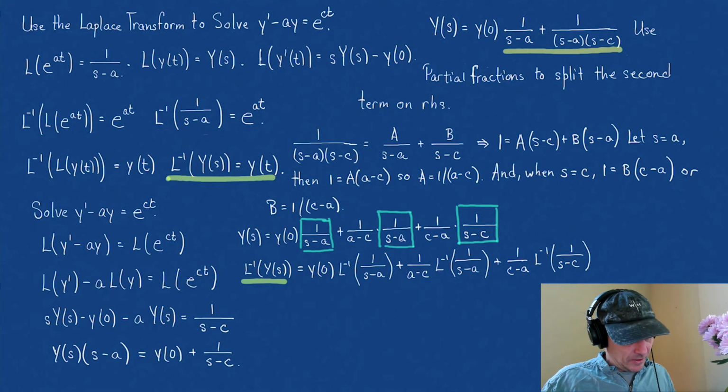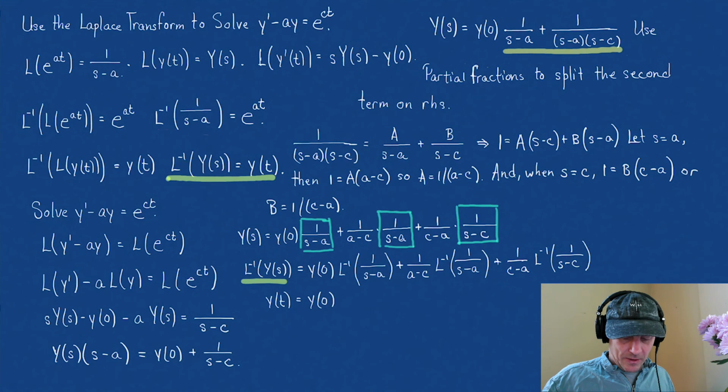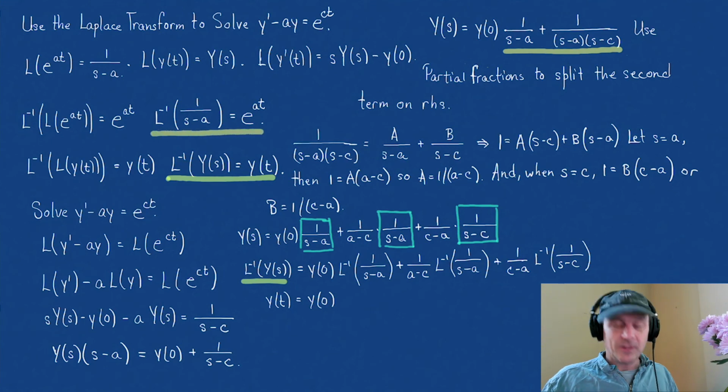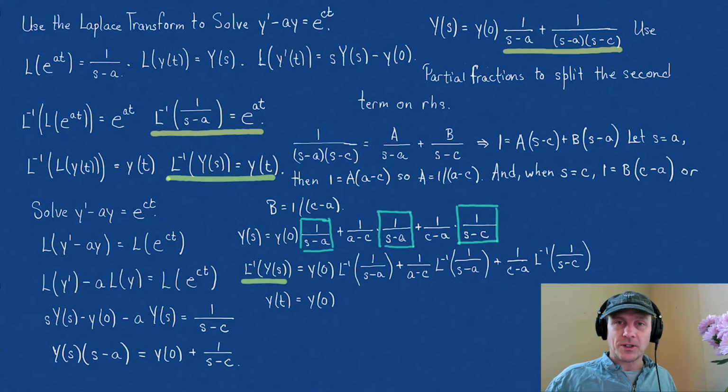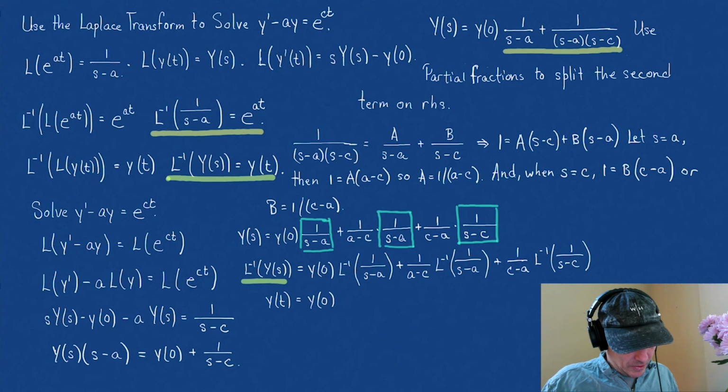So then I can say that this is y of t equals y of 0. And then the inverse Laplace of 1 over s minus a, we took care of that one too. Remember, the inverse Laplace of 1 over s minus a is just e to the at. Remember, that's where that function of s came from. So that's e to the at.